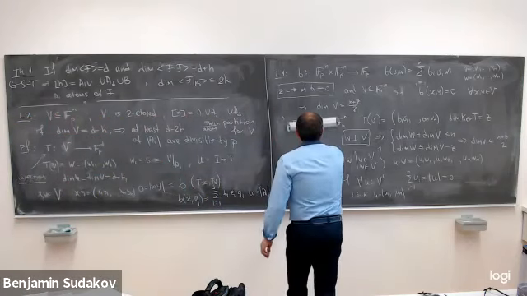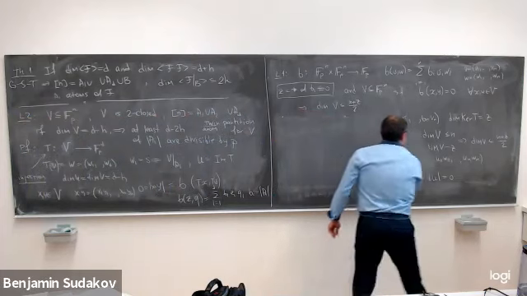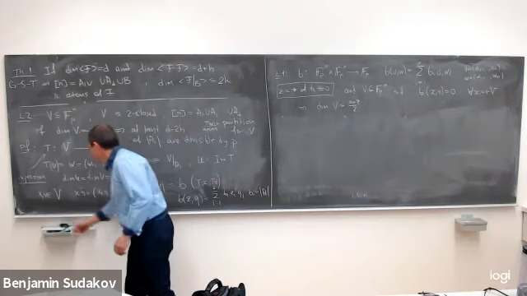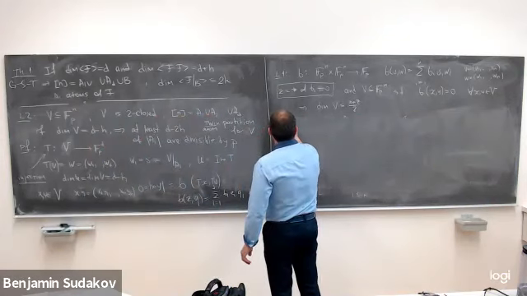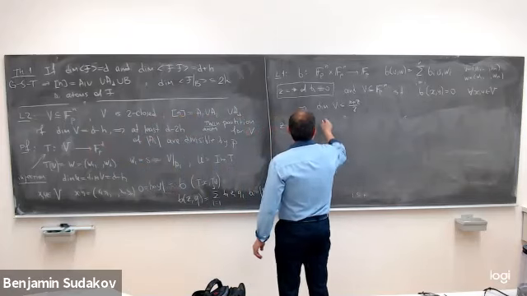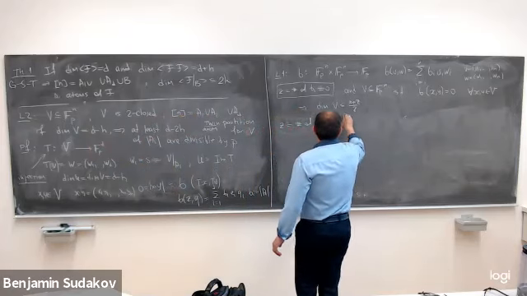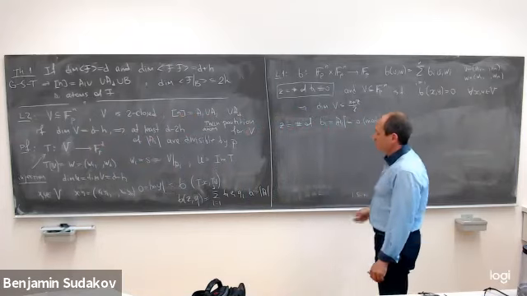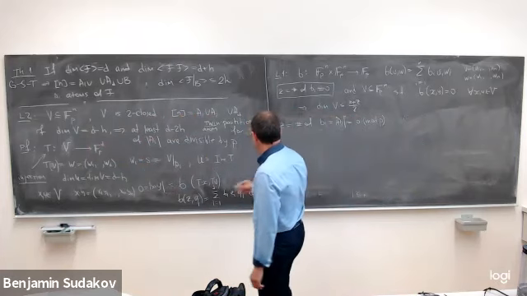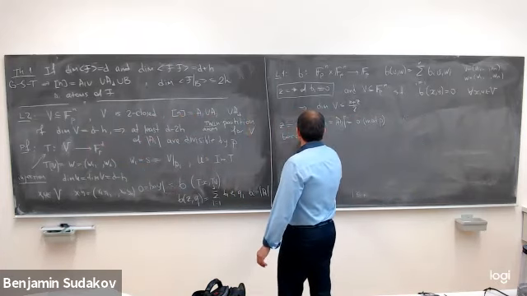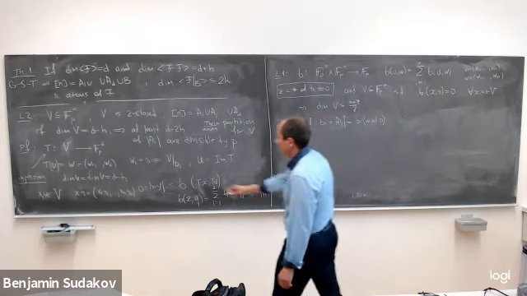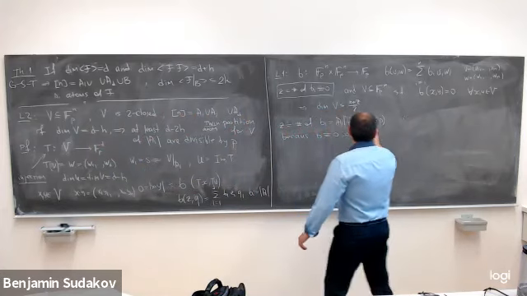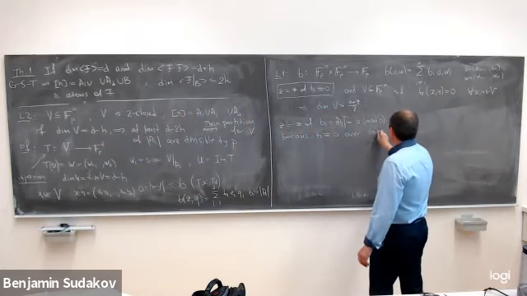So let Z be the number of BIs, the size of AI, which are 0 mod P. Right? So then I know that B equals 0 over this space U, right?